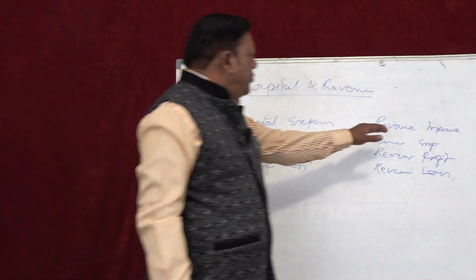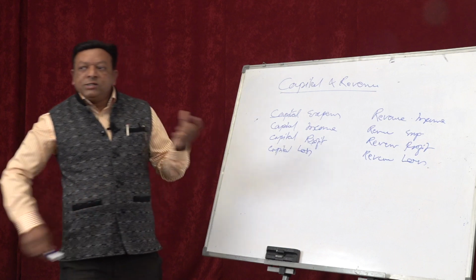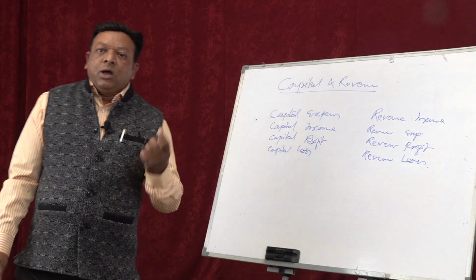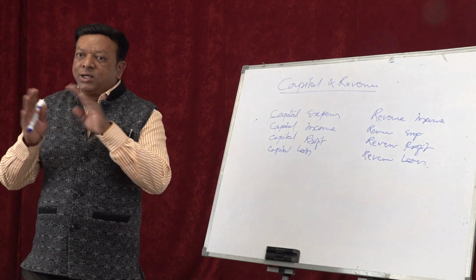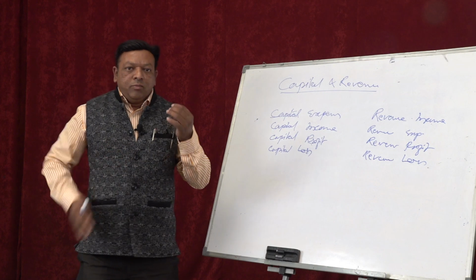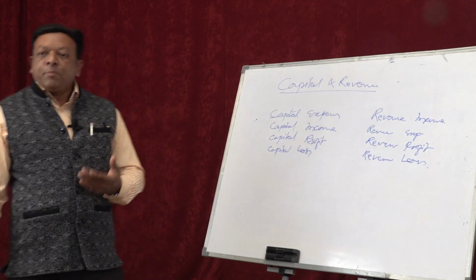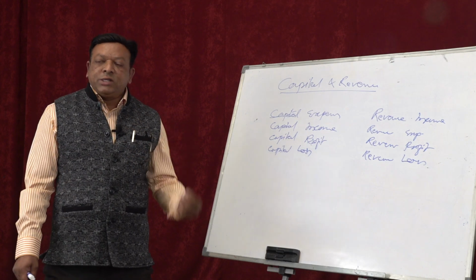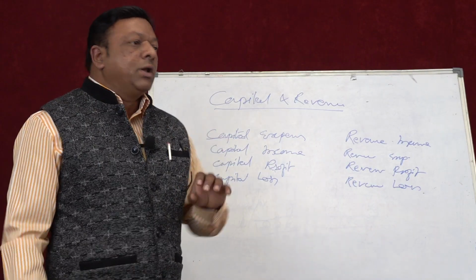Now we move to the revenue part. Revenue is also known as operations. The revenue means the transactions related to business operations. The business operation starts, if manufacturing is the business, when we purchase the raw material, and ends when we sell and supply to the customer.